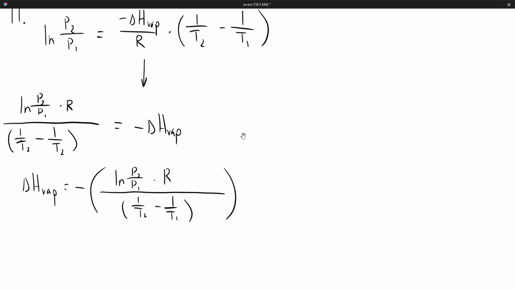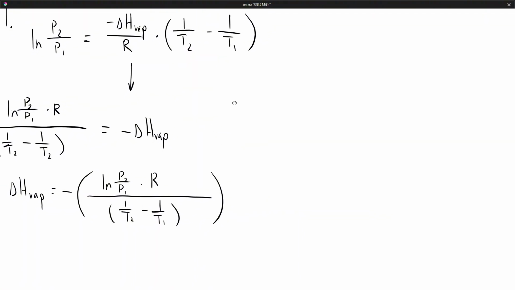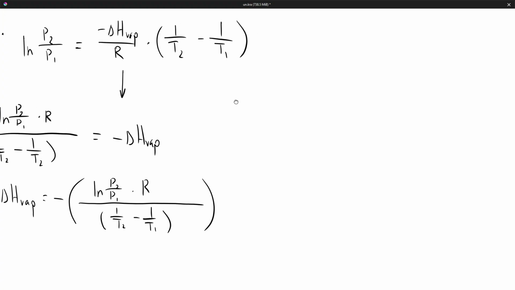So now let's look for our variables. Doesn't really matter which ones we choose, to be honest, but our P1 is 1 atmosphere. Our T1 is negative 164 degrees Celsius.